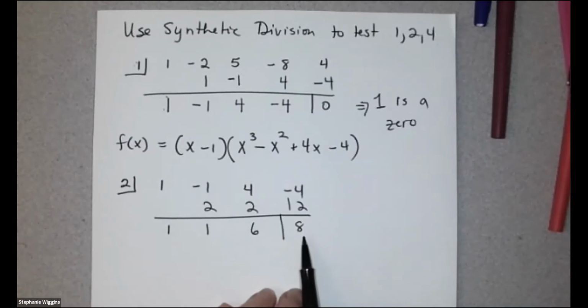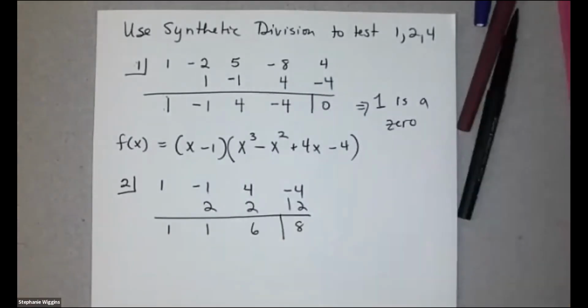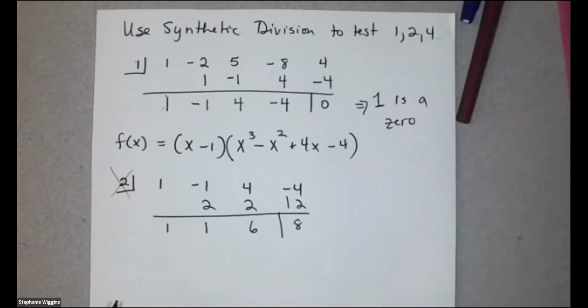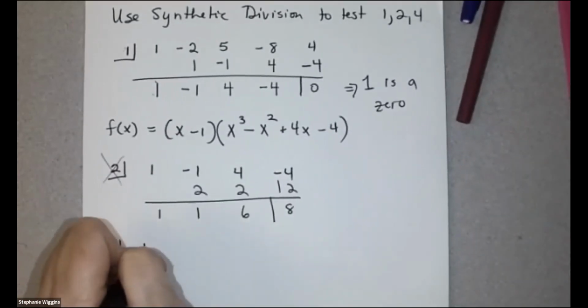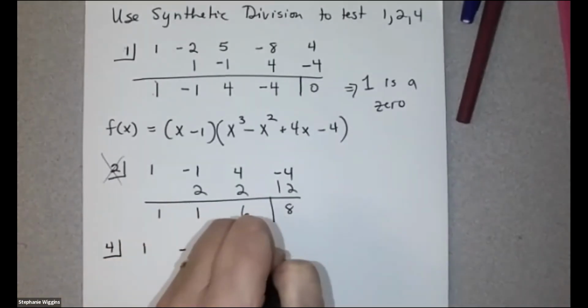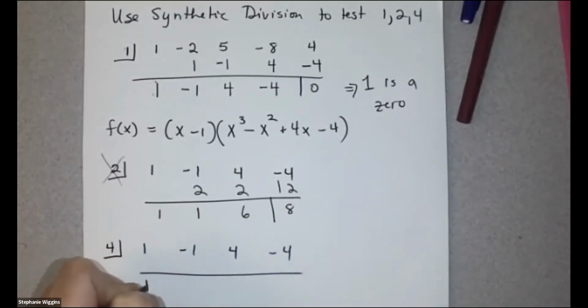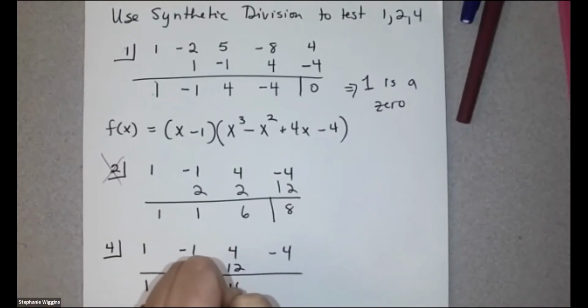Right? But I didn't get a 0 there, so this one's out. So 2 doesn't work. And then if I try the 4, you'll see that one doesn't work either. You get 16. Did I do that right?